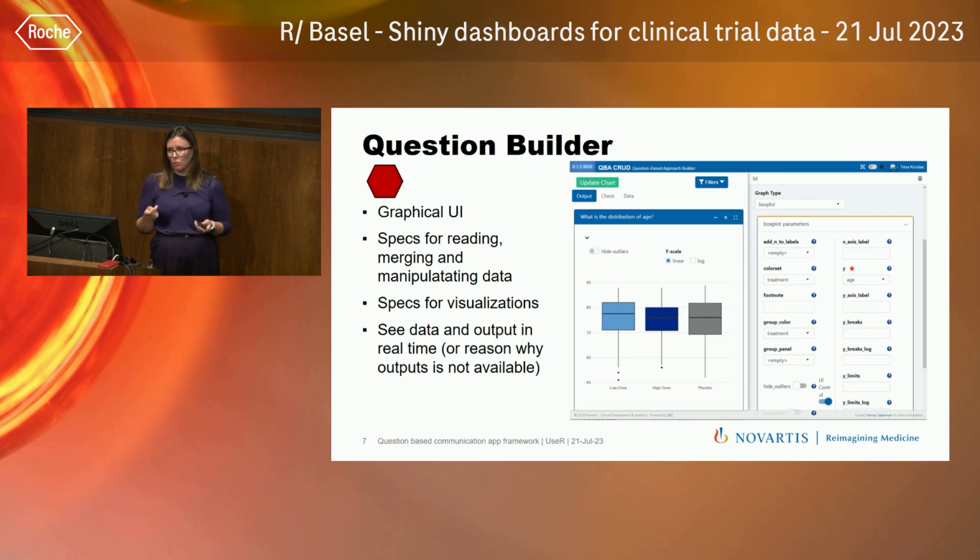So as said, no programming skills required. Out of this app, the specifications entered by the statistician would be exported into a JSON file that would then be used by the core code, and from there, the clinical trial specific app would be deployed.